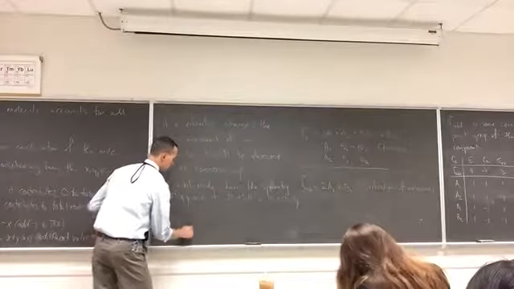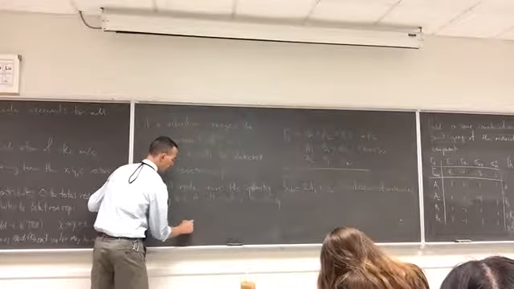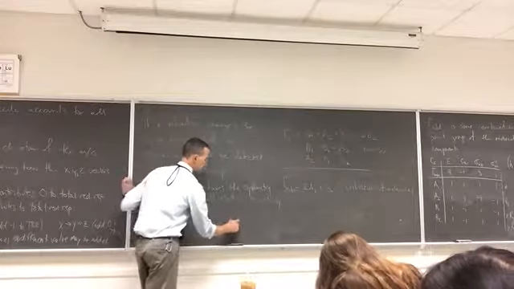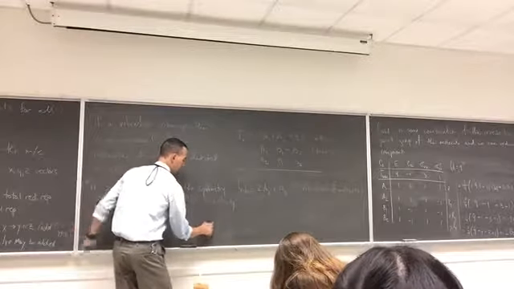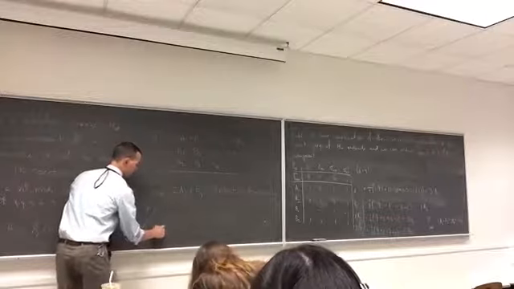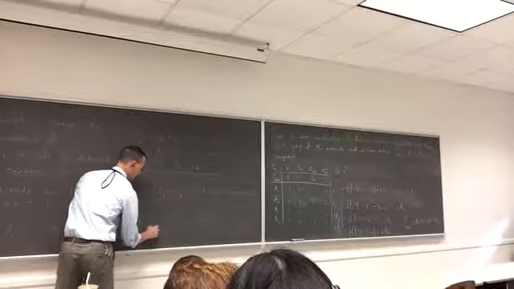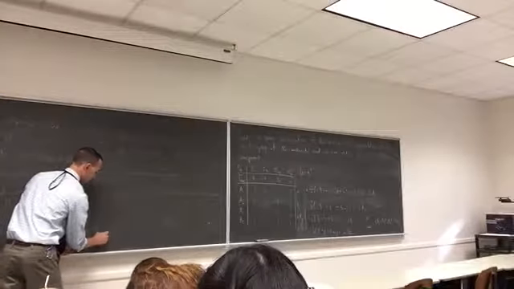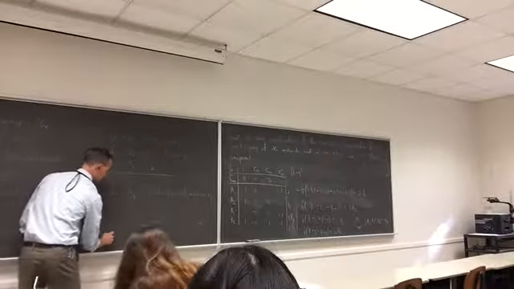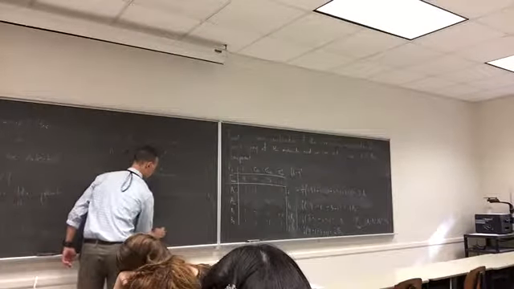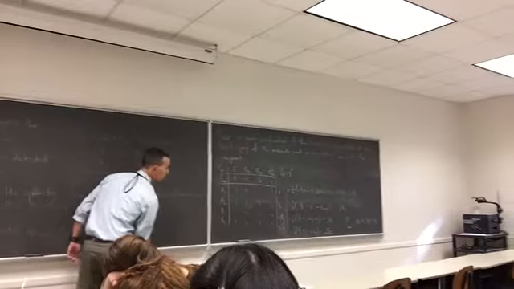So for water, both A1 and B1 are IR active because A1 transforms as Z, and B1 transforms as X.